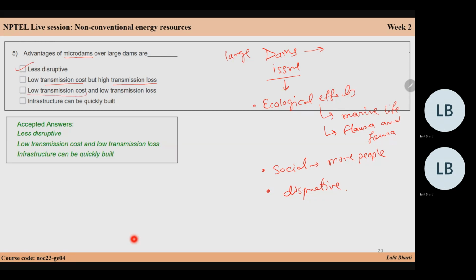As well, because the electricity from these micro dams is supplied to the nearby areas only, they come with low transmission losses. And the last option, infrastructure can be quickly built. So that is also correct. So these three options, A, C, and D, are correct.